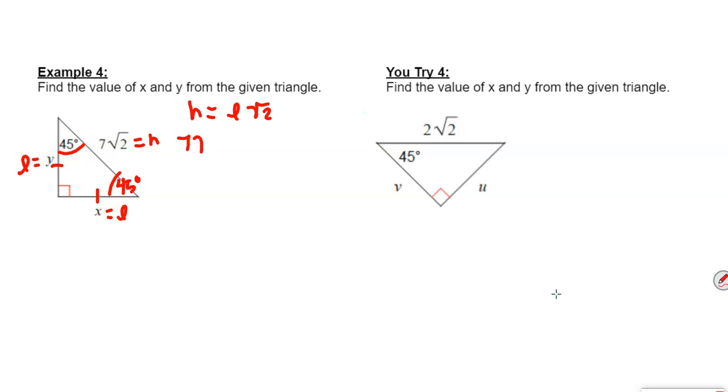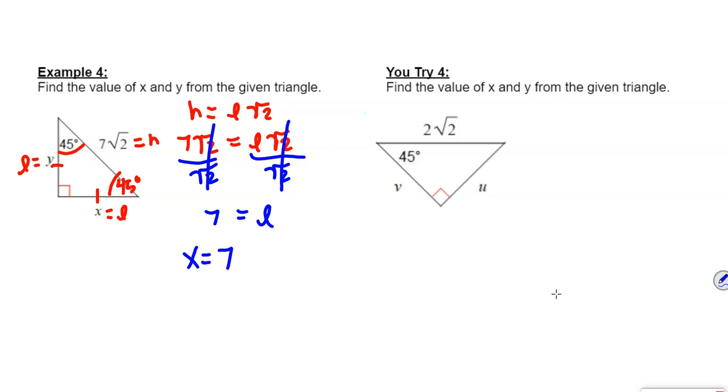We're going to put 7 square root of 2 here, and that's equal to L, or we could say X or Y if we wanted to. But I'm just going to leave it L for right now, square root of 2. Then we're going to divide both sides by the square root of 2. And what does that do to our square root of 2 on both sides? Takes it away, right? So L is going to be equal to 7. So that means our X is equal to 7 and our Y is equal to 7.